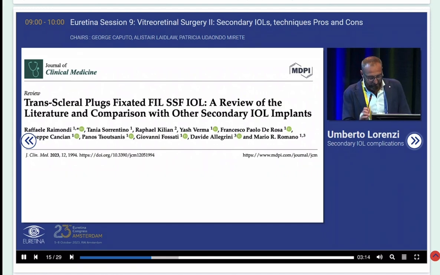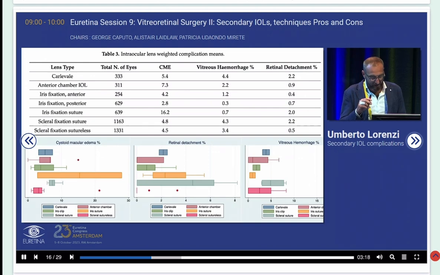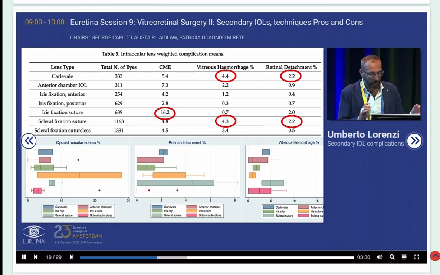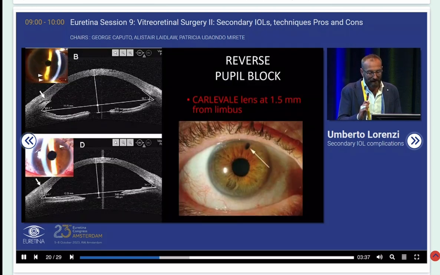In the recent review of the literature published by Romano this year, we can see that the macular edema is more linked to iris fixation suture, and other complications like vitreous hemorrhages and retinal detachment are more linked with Carlevale and scleral fixation suture.